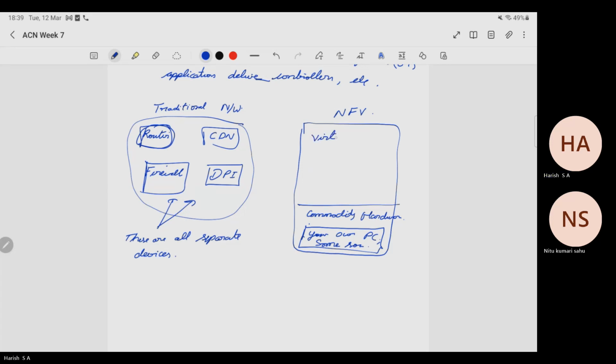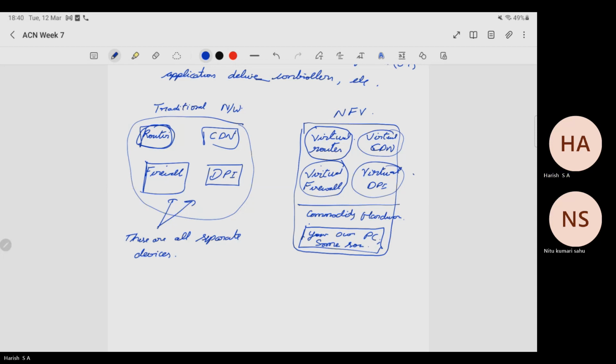Make it virtual router. Take the logic of the CDN and make it virtual CDN. You take the logic of firewall and make it virtual firewall. Then you take the logic of DPI and make it virtual packet inspector.